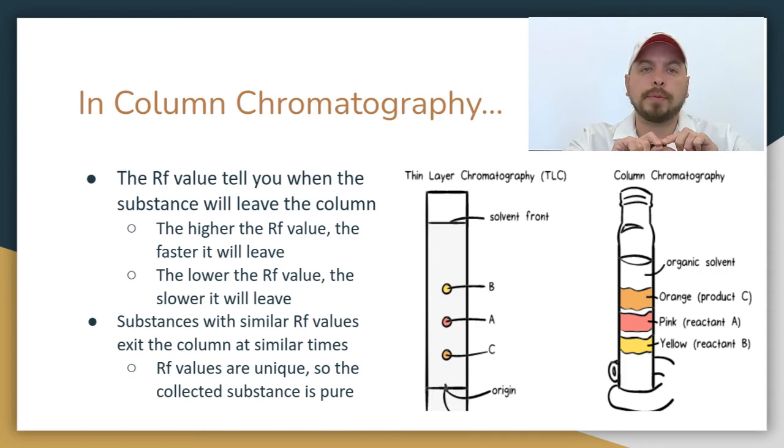So substances that have similar RF values are going to come out of this column at very similar times. But the nice thing is when we're purifying substances, that's going to give us a very pure substance because RF values are a very unique trait to especially medical or food-based compounds.